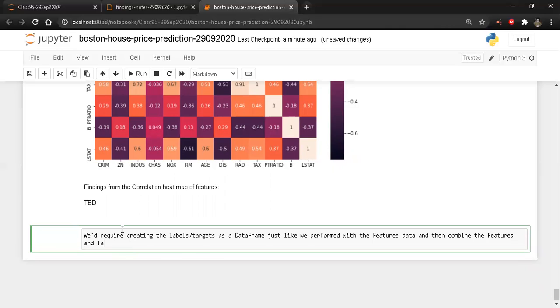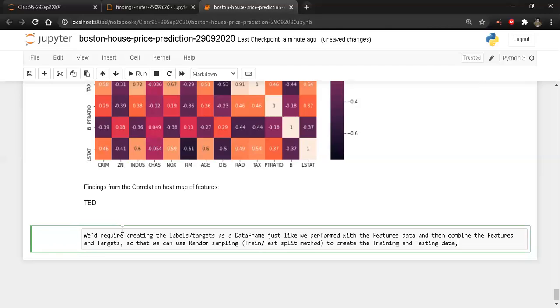Why do we need to do that? So that we can use random sampling, otherwise known as the train, test, split method, which I can use to create the training and testing data, right? That's one objective.